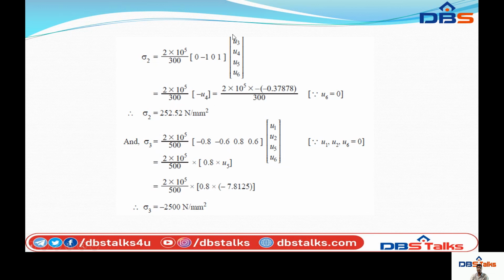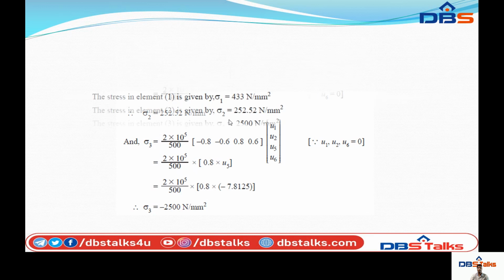Similarly in sigma 2, for the stress of element 2, it connects U3, U4 in the second element and U5, U6 in the third element. I am calculating the stresses sigma 1, sigma 2, sigma 3 based on the element connectivity table. After calculating, you will get the value of minus 2500 Newton per millimeter square. It is the stress for the third element.